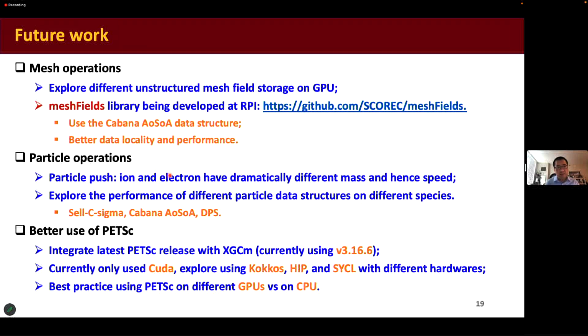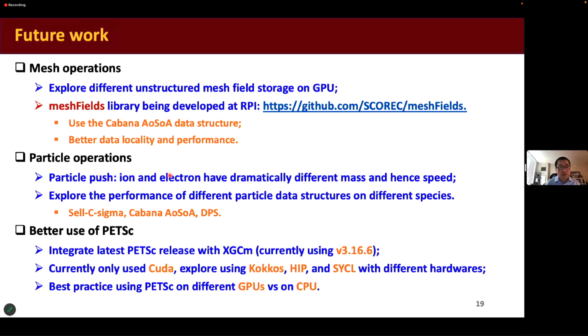Another one more relevant to PETSc, for attendees of this conference: right now we are integrating the latest PETSc version with XGCm, which is 3.16.6, and we need to go to 3.19. We only use CUDA, so we want to explore using Kokkos, HIP, and SYCL with different hardware, as Junchao mentioned yesterday in his presentation.